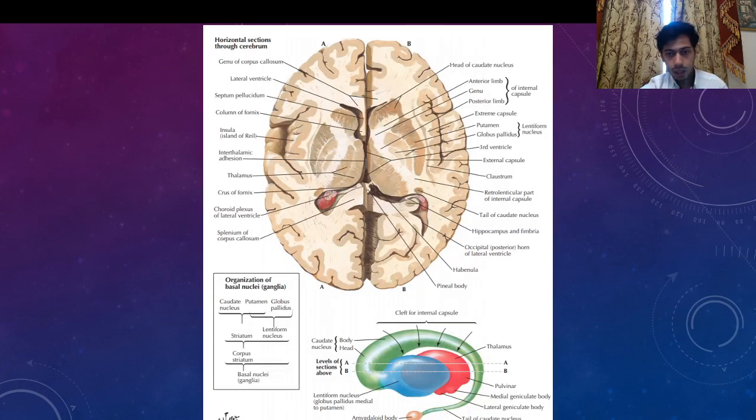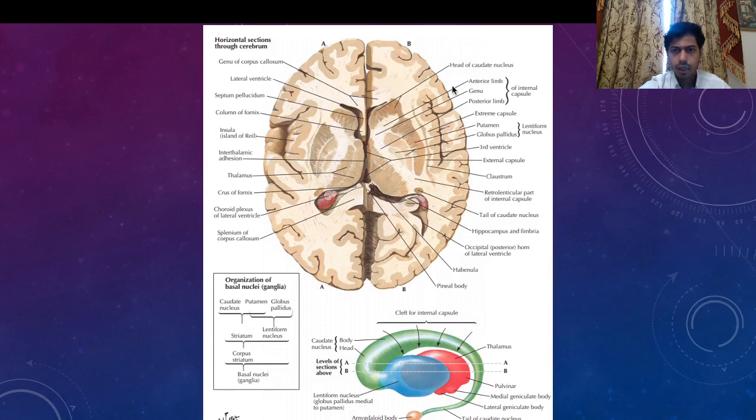So here, once again, this is our internal capsule. In terms of the basal ganglia, so basal ganglia is this region here. You can see that you have the putamen here and the globus pallidus, which forms the pallidum, or also the lentiform nucleus.